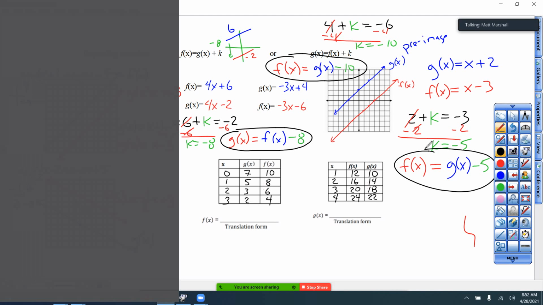All right, and then the last two before I quiz you and see who my tutors are at this point. For this guy, going down by 2, that is my slope number. The zero term, and again, these are kind of trippy, but this is how this table works. This is saying for the G line, all the points are 0, 7, 1, 5, 2, 3, 3, 2.